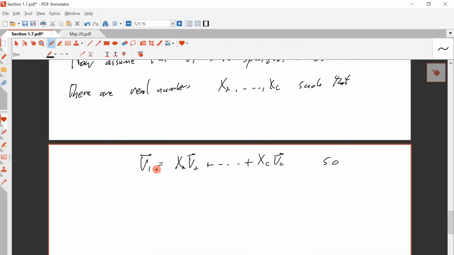So I could just move this guy over here: 0 is equal to minus v1 plus x2 v2 plus xc vc.